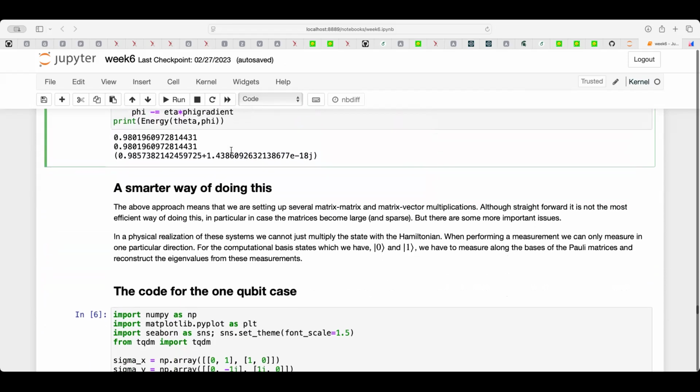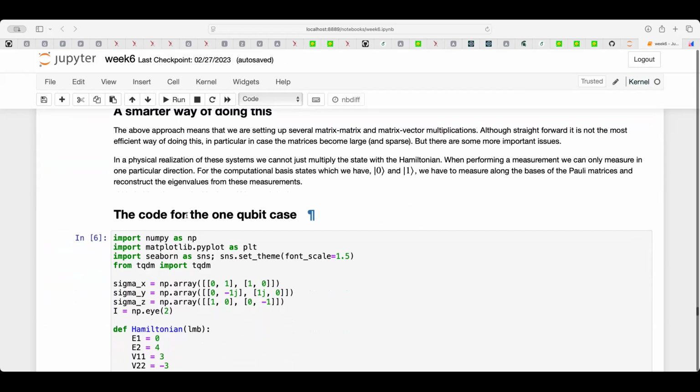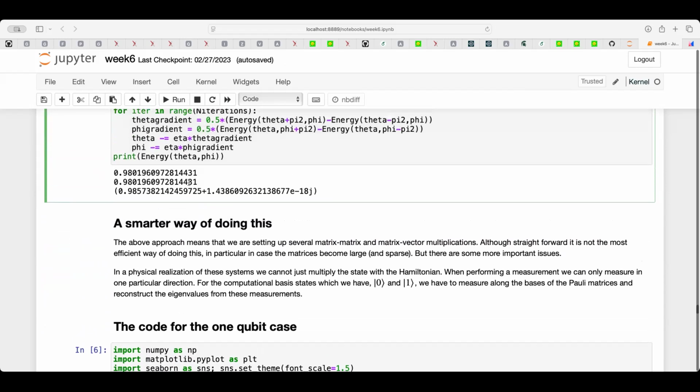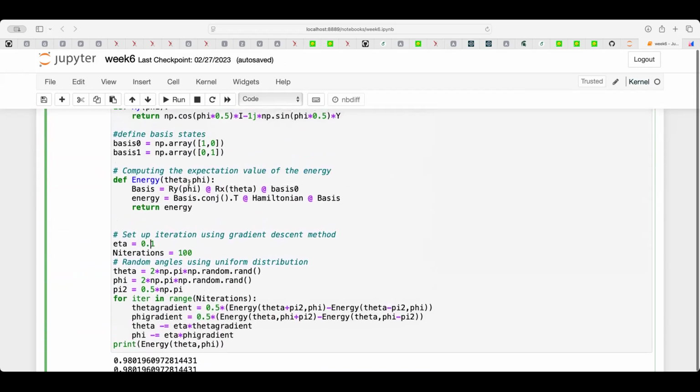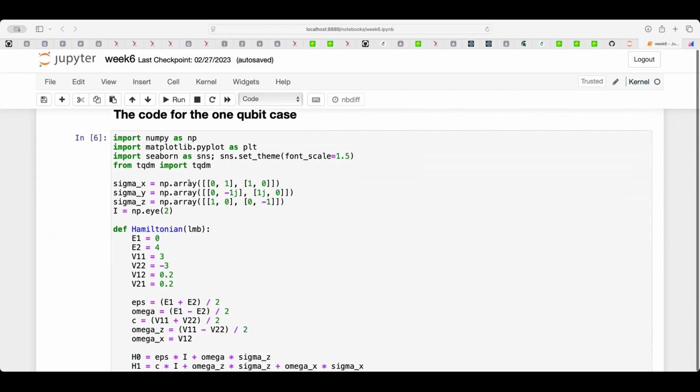So the smarter way of doing this is actually to rewrite everything in terms of these Pauli matrices and make the measurements in just that basis. So the code which follows here is, in a way, my solution to project one, that specific part.